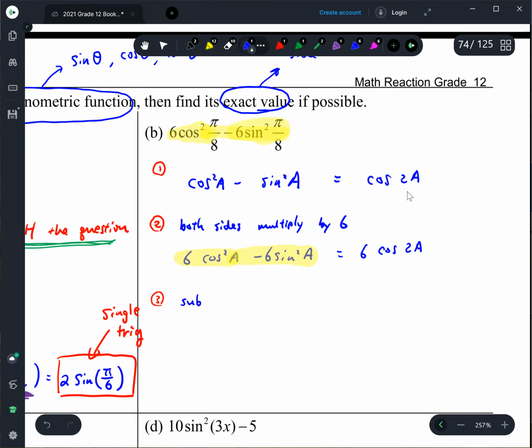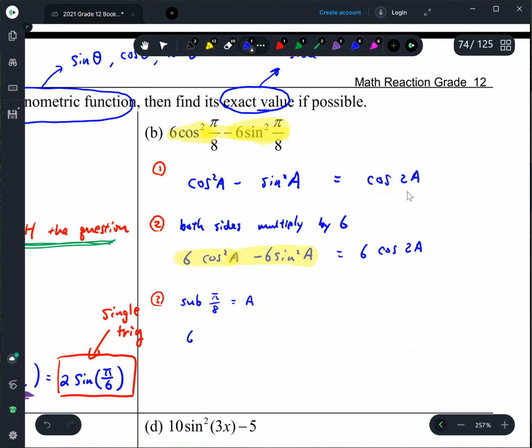Sub. What's the value of A then? Marcus? Pi over 8. Yeah, very good. Everything else the same, A has to be pi over 8. So I'll sub pi over 8 into A.